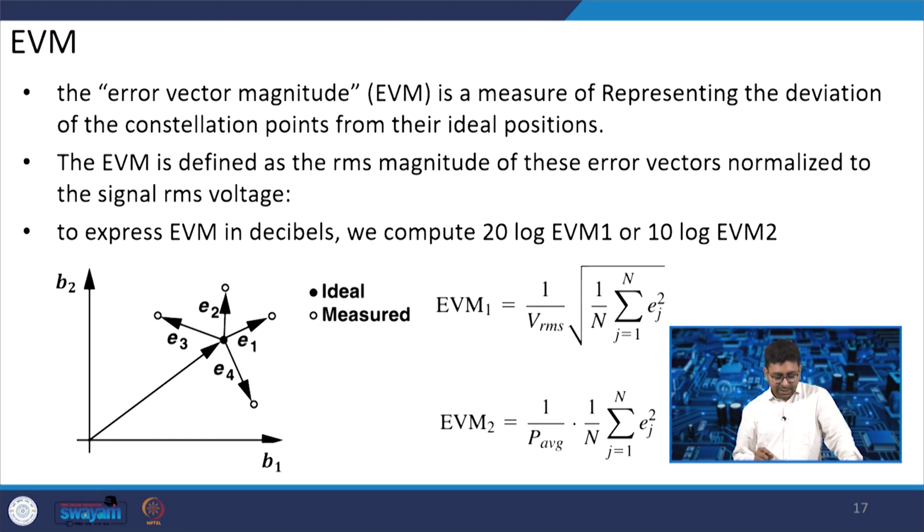There is one more term related to constellation that we should be aware of, called the error vector magnitude, EVM. When you try to design a transmitter, or when you try to reconstruct the transmitted bit pattern, EVM is a very good measure of the deviation of the constellation points from their ideal position. If you know the EVM, you can easily tell how your constellation points are distorted.